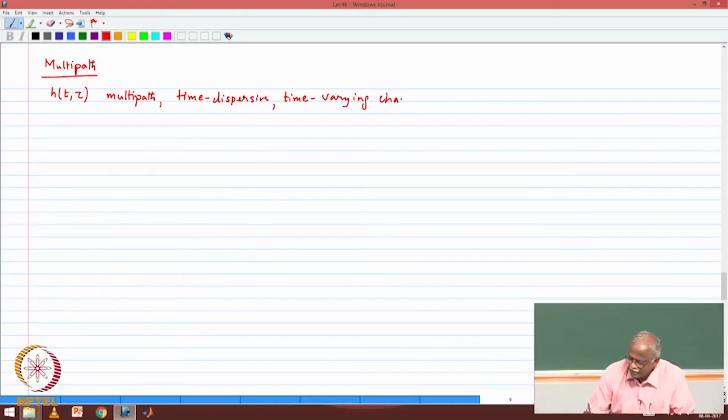Given that we have this framework, we are going to skip several steps and ask you to recall that in digital communications, based on your baud rate, that is your symbol rate, you have something called a symbol spaced equivalent channel.